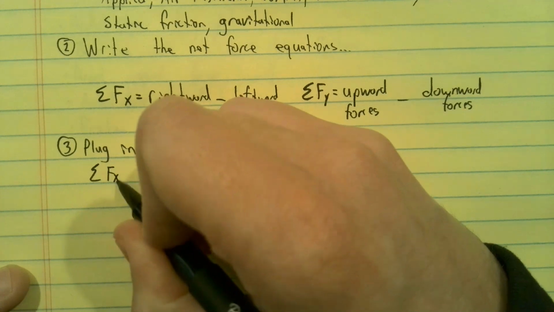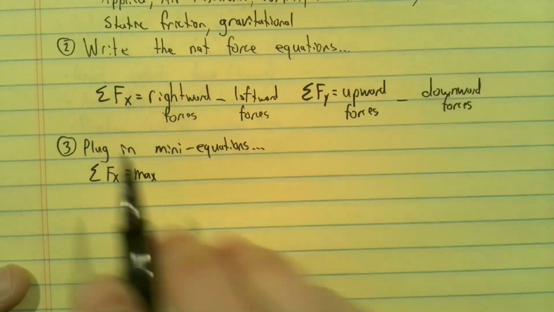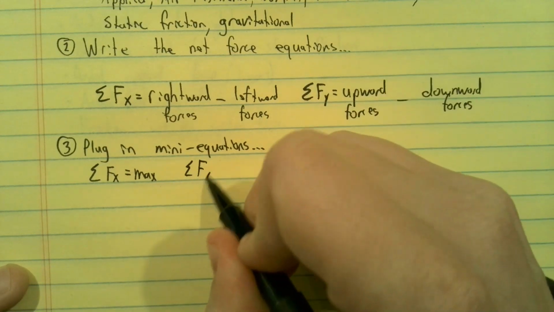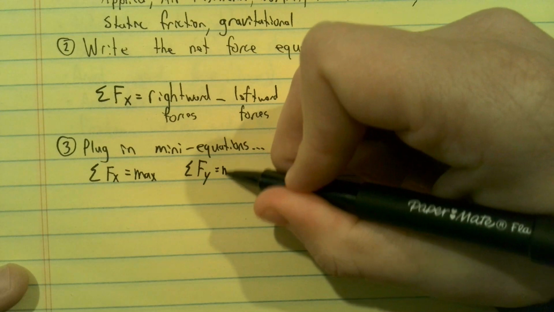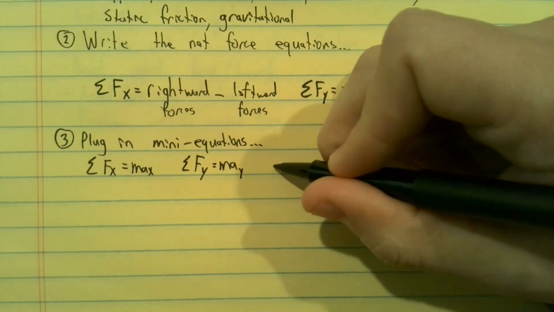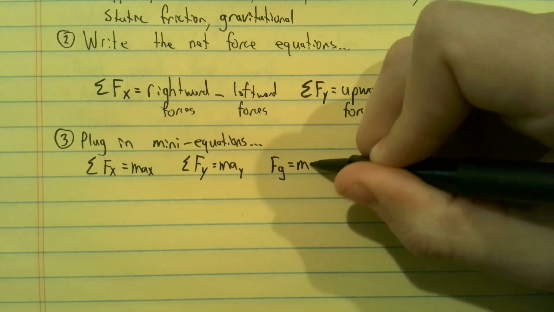Sigma Fx can be replaced with max, so that's one mini equation. Sigma Fy can be replaced with may. There's your second mini equation. We also have the very familiar Fg equals mg.